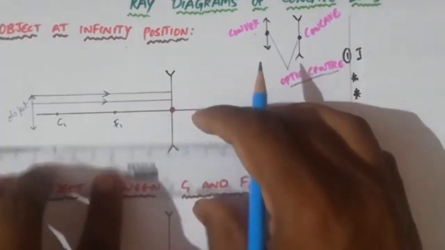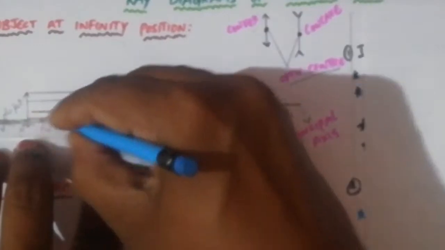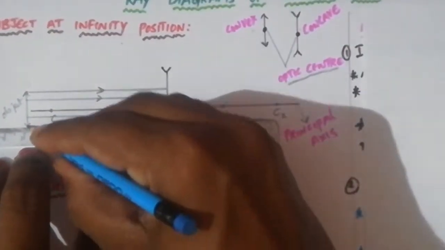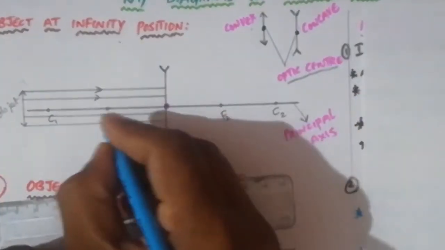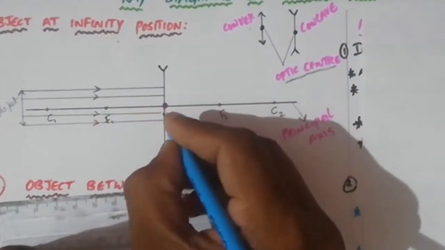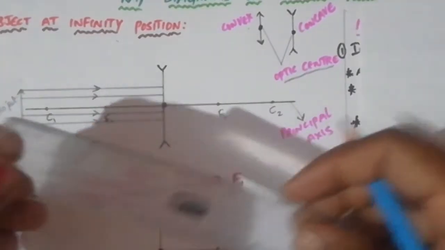These are the incident rays, and also from below, and also at the tip. So these are the incident rays, and now how will the rays pass through the lens?